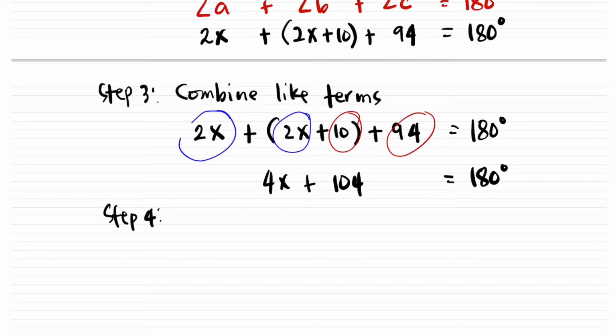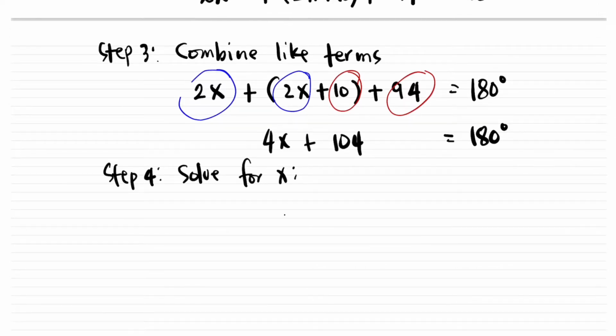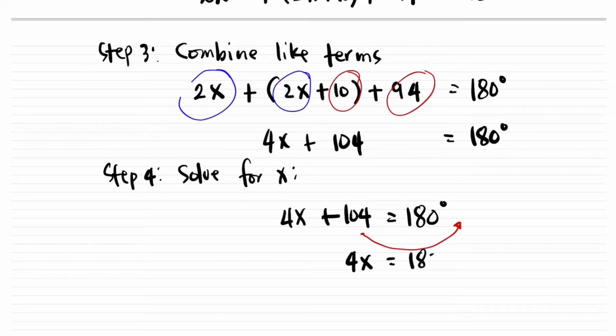Step 4 is to solve for x. We already have 4x plus 104 is equal to 180 degrees. What we're going to do is move 104 to the other side. So we have 4x is equal to 180 degrees minus 104 degrees. Next we simplify that, so 4x is equal to 76 degrees.